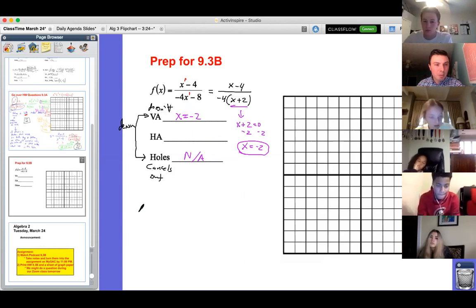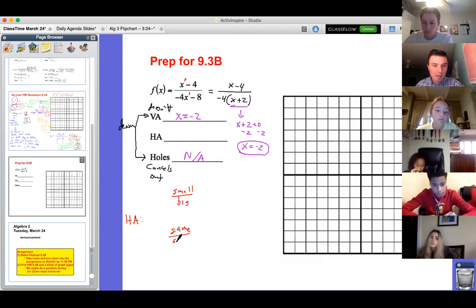So remember, there were some horizontal asymptote rules. You compared your degree. It was either something small over something big, something that was the same on top and bottom, or big over small. Do y'all remember what each one meant?